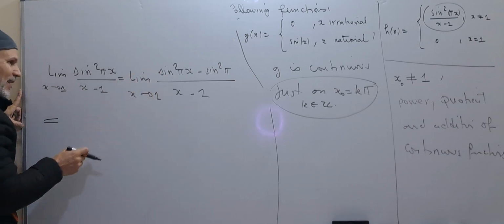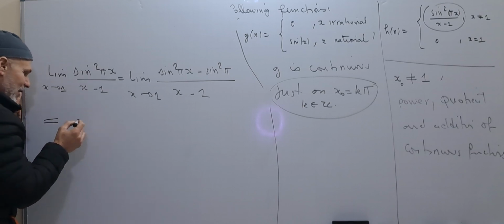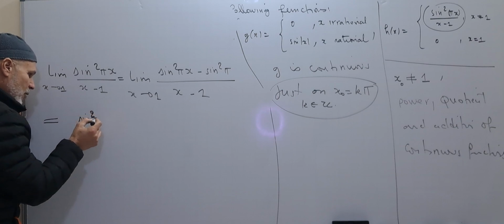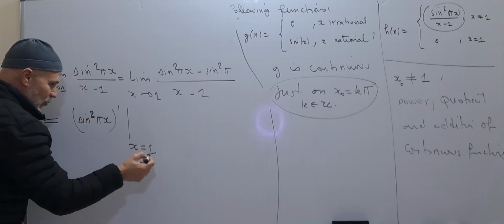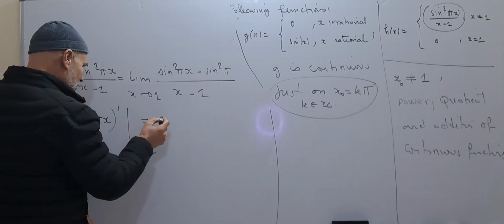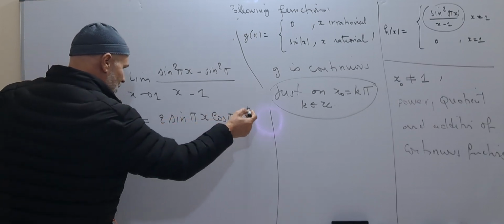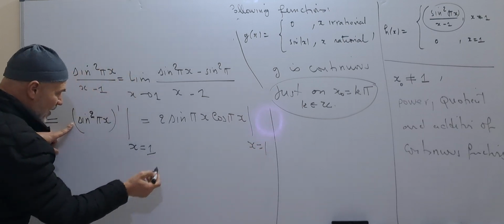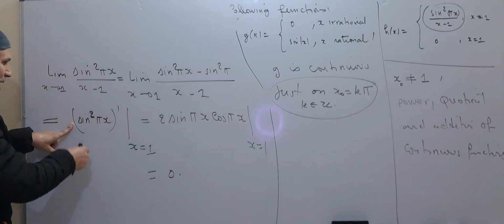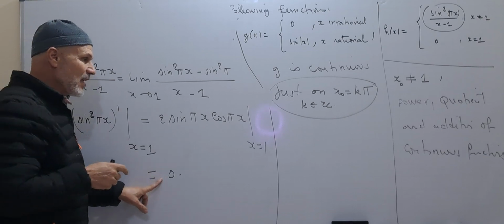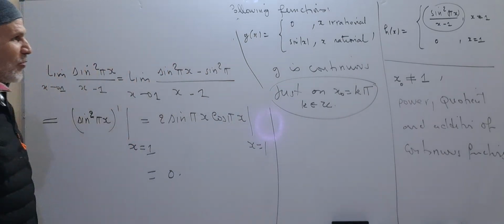And this is actually the derivative of the differentiable function sine square pi x, applied at x equal to 1. This means 2 sine pi x cosine pi x, and we take x equal to 1. This means 2 sine pi cosine pi, which is equal to 0. And since the limit is equal to 0 and the function is equal to 0 when x is equal to 1, this is a continuous function.